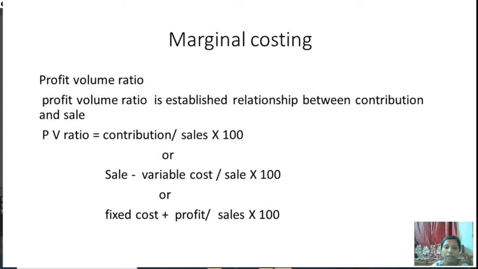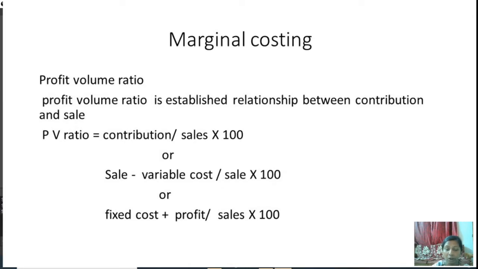Here we are calculating the PV ratio, meaning the profit volume ratio, by using different formulas. The first one: PV ratio equals contribution divided by sales into 100. Or another one: sales minus variable cost divided by sales into 100.